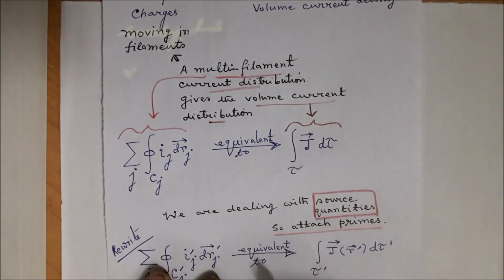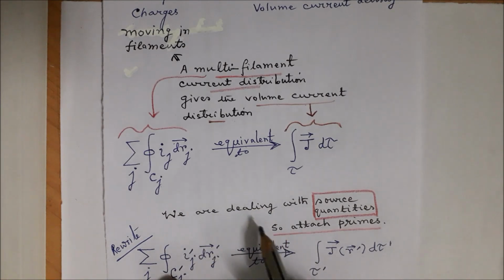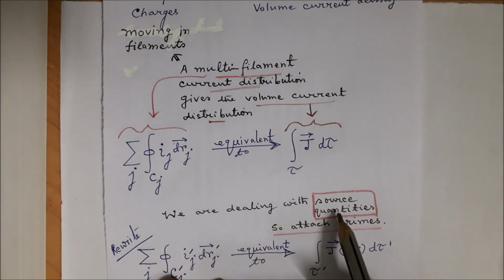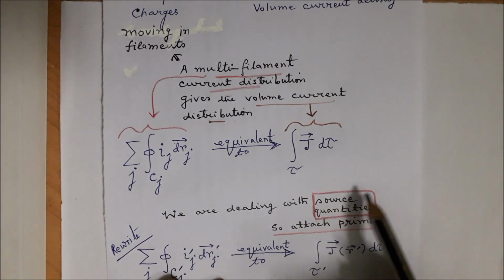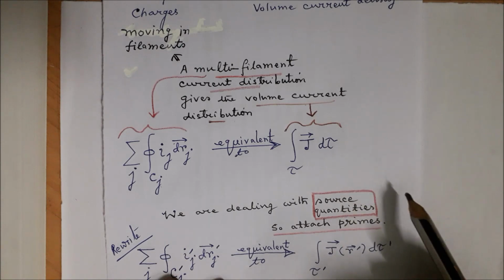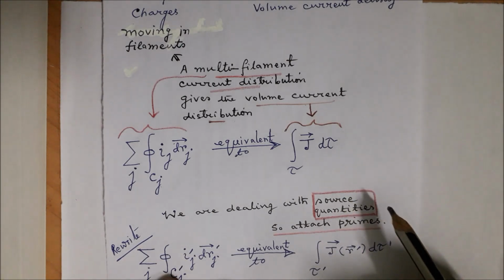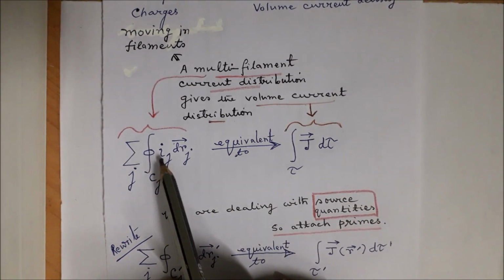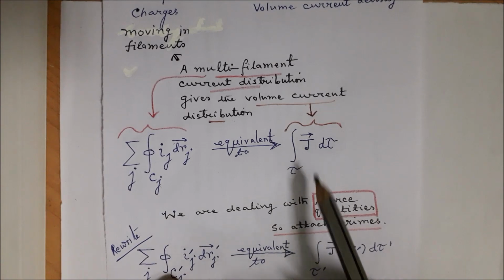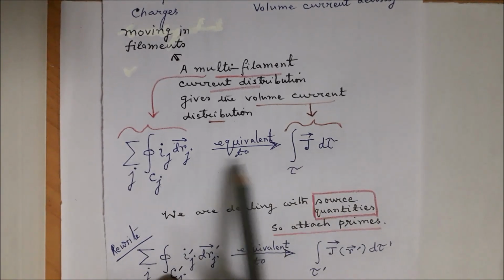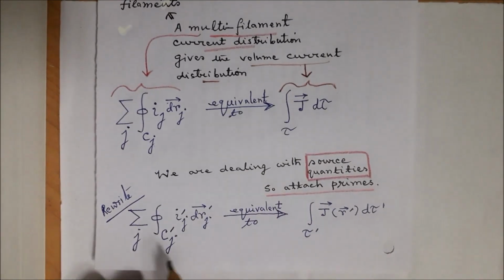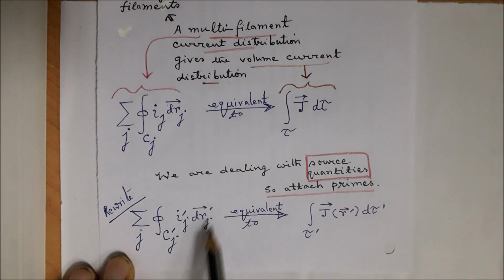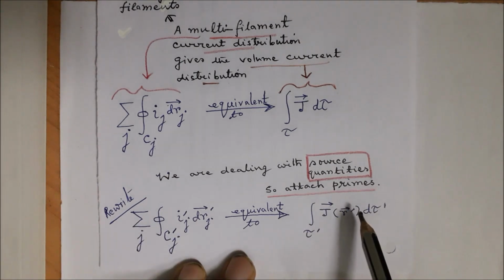Now let us emphasize another thing: we are dealing with source quantities, and therefore we can attach primes. It is customary to indicate source quantities by attaching a prime symbol, and the field quantities are in general not attached to any prime. So I is a source quantity, J is a source quantity, and so on. Therefore let us rewrite this expression to get this expression, which is equivalent to this one.